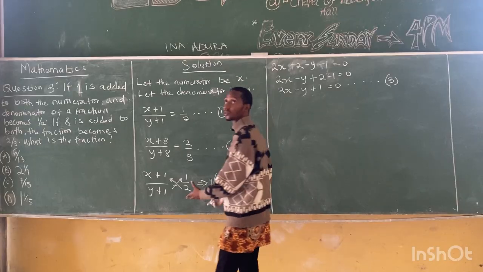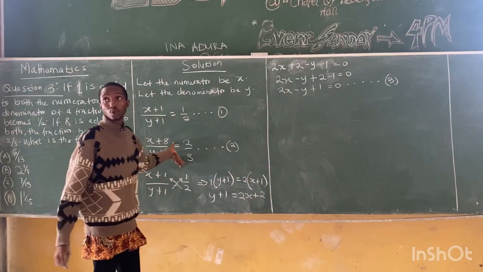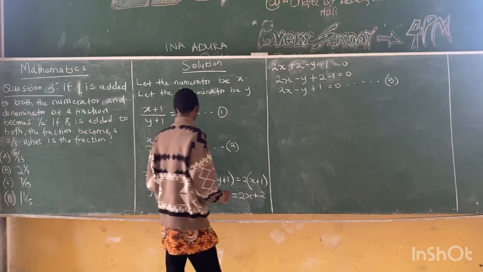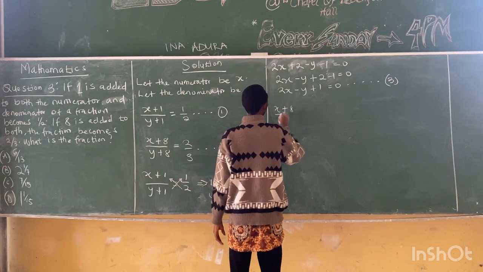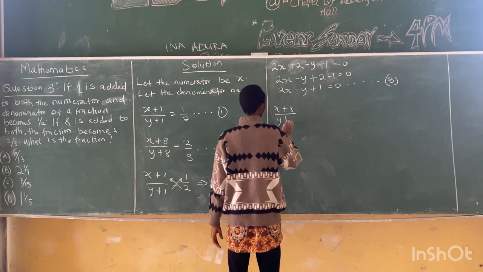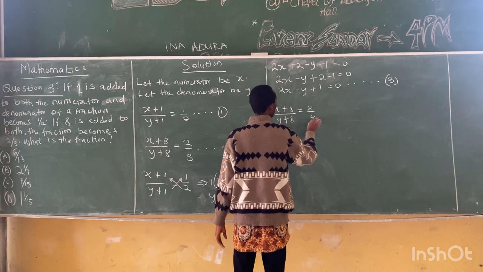We need to do the same for equation 2. When we cross multiply, we have x plus 8 divided by y plus 8 equal 2 over 3.